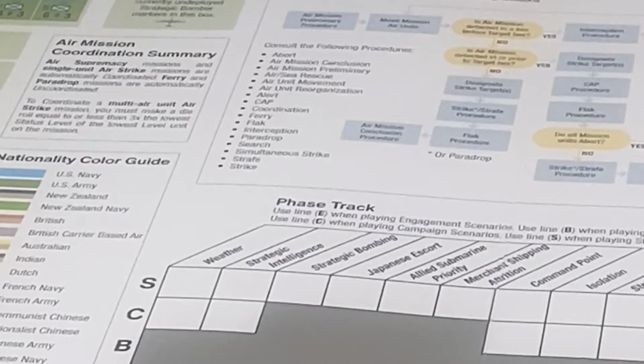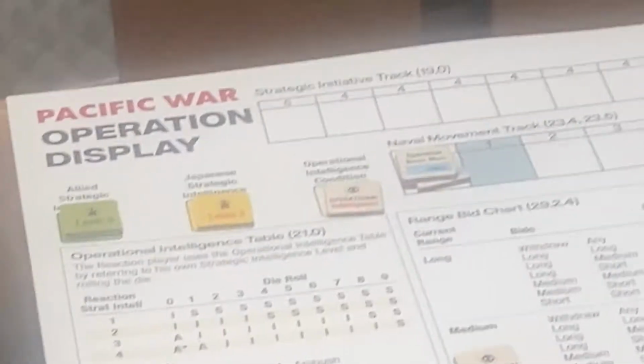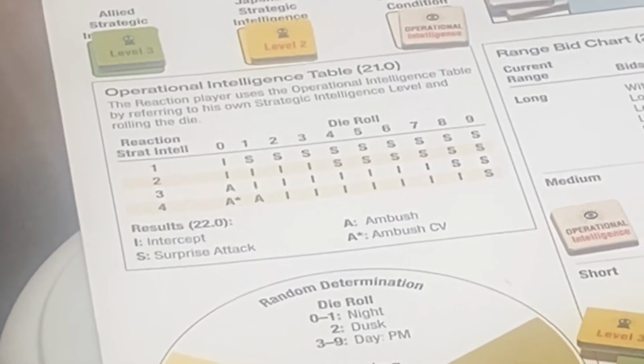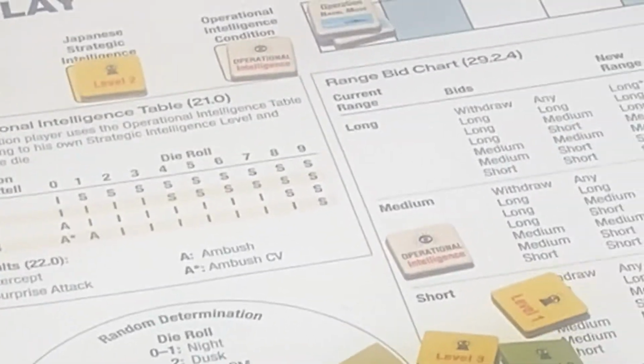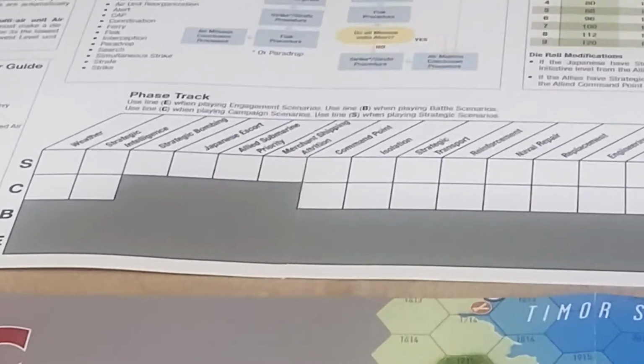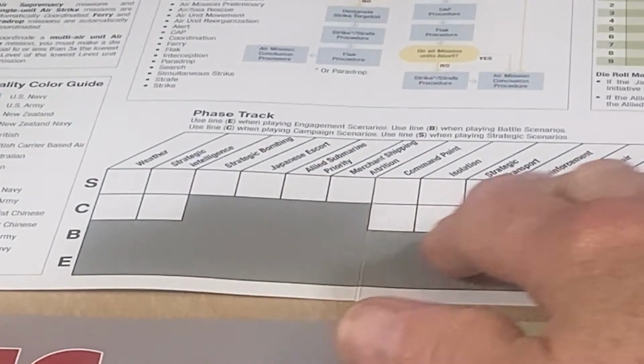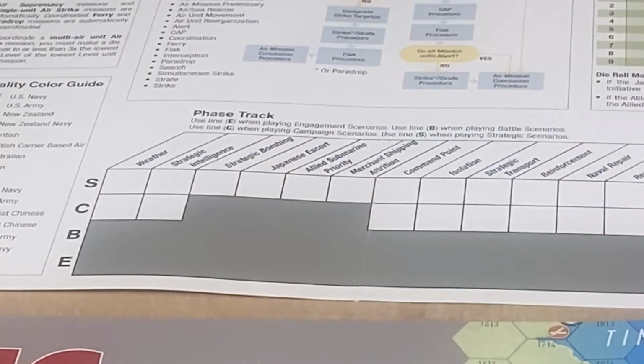Remember, the intelligence level's really going to affect the reaction player. So whoever the reaction player is, that's really the intelligence level you're looking to figure out at that point. Okay, we skip all these strategic scenario blocks and go to command points.